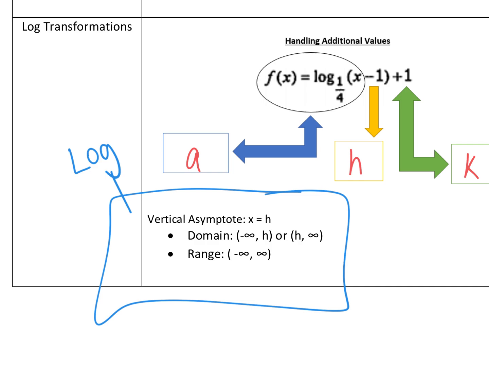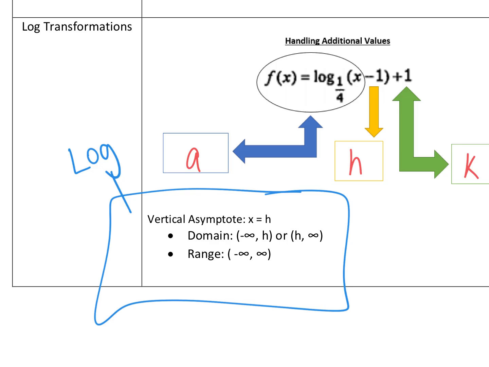So again, these are inverses of each other. So doesn't it make sense that if an exponential had a horizontal invisible wall, a horizontal asymptote, a log would have a vertical asymptote, and instead of K, it's going to go through H? Those are kind of inverse concepts.